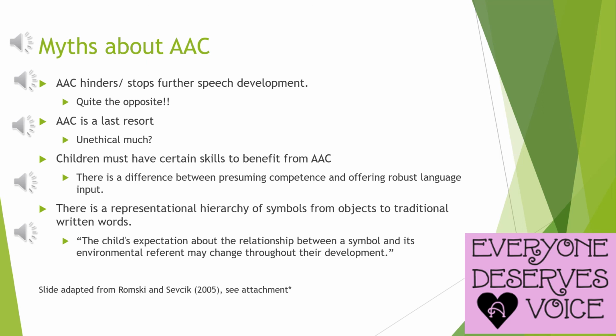The last myth I will review here is that there's a representational hierarchy of symbols from objects to traditional written words. Truly, if we look at language development, this notion that we have to have pictures to objects to written words just doesn't make sense.